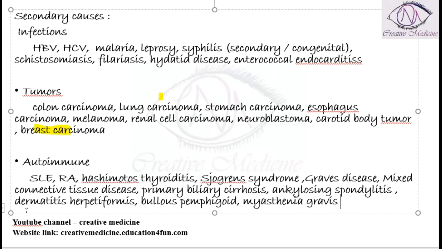So autoimmune conditions like systemic lupus erythematosus, rheumatoid arthritis, Hashimoto's thyroiditis, Sjogren's syndrome, Graves' disease, mixed connective tissue disease, primary biliary cirrhosis, ankylosing spondylitis, dermatitis herpetiformis, bullous pemphigoid and myasthenia gravis. So all these are secondary causes of membranous glomerulonephritis.